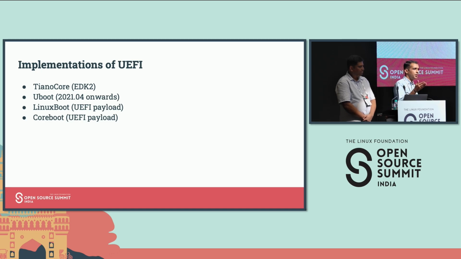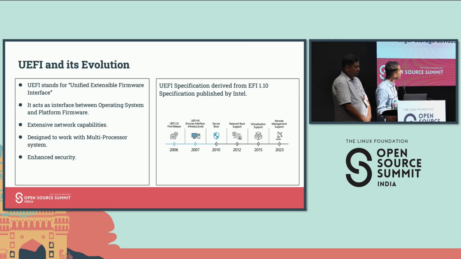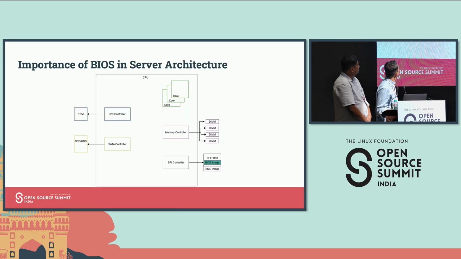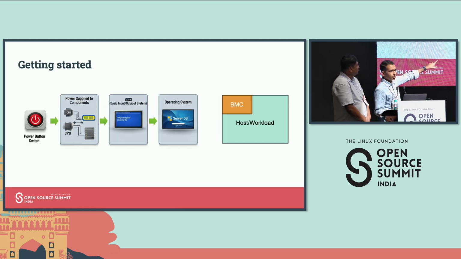BMC is like a parallel thing that runs; it's a microcontroller that runs on the server. In most cases it always runs. When the server is plugged in with power, it is always running and monitoring. In the first slide, you see it is logically split into two separate sections.